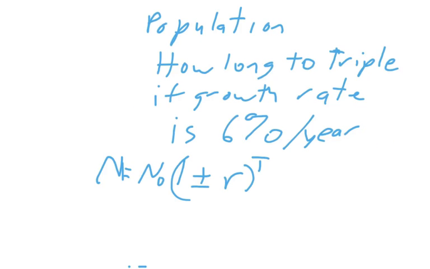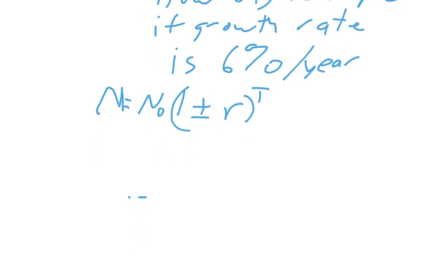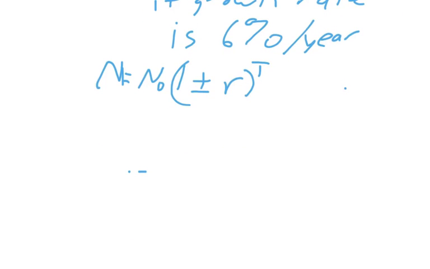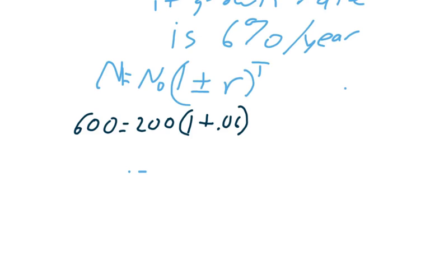Alright, how long does it take the population to triple if the growth rate is 6% per year? So what we need to do is come up with a population. So let's say our population is 200 to start out with. Well, if the population is going to triple, we need to know how long it takes to get to 600. Now, where those numbers came from, it really doesn't matter, because we'll see in a minute.